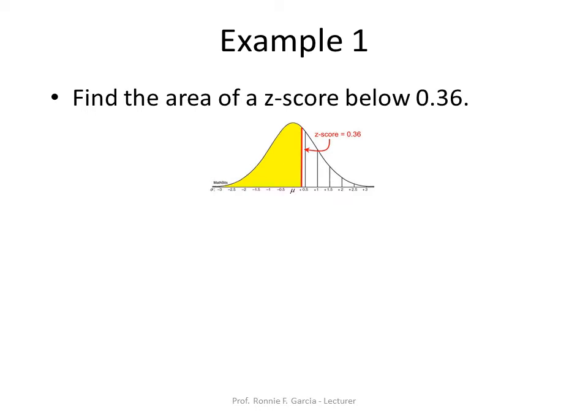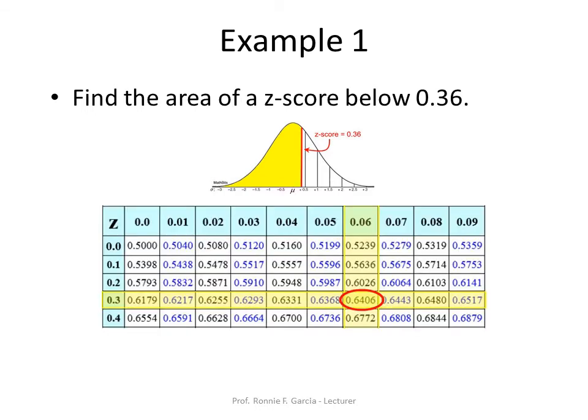We're going to find 0.36, which is on the right side of the mean. This red line represents 0.36. The problem is looking for the area of that particular z-score, so the yellow colored region represents the answer to this problem.